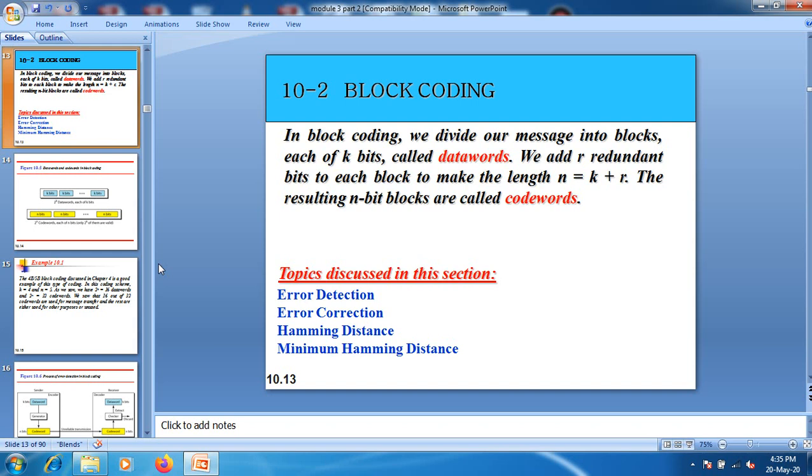The resulting n-bit blocks are called code words. In this topic, we are going to discuss error detection. Error correction is not a part of your course here.